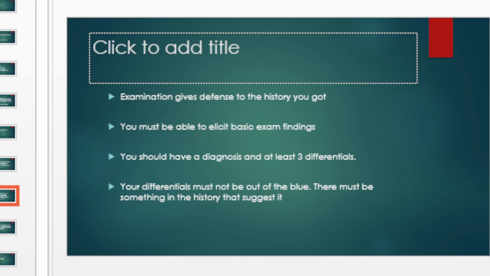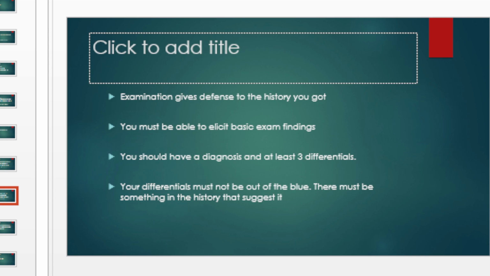And when you make a diagnosis, you need at least 3 differentials, right? So most students, when they think of a particular diagnosis, have no differential. So what if it's not the main diagnosis? What do you do? Okay, so it is important to have differential diagnosis.